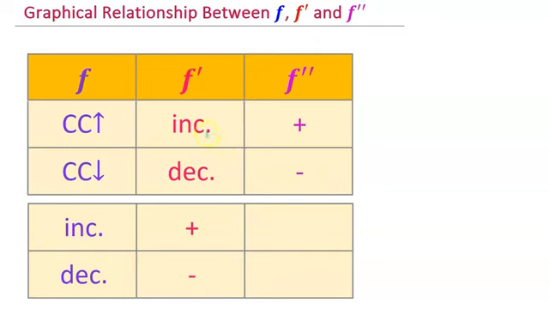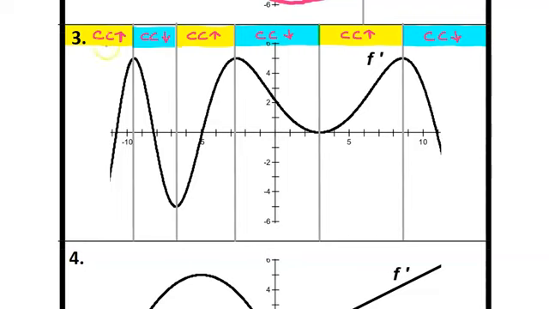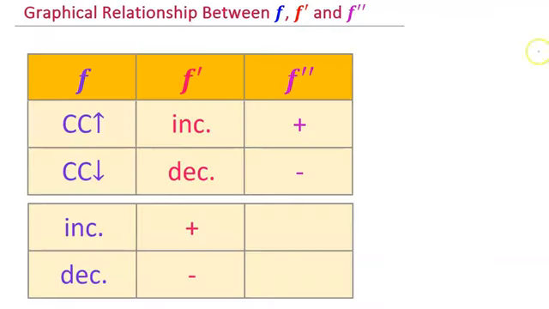Remember that wherever f prime is increasing, f will be concave up. If f prime is decreasing, f will be concave down. So function f will be concave up in the yellow intervals and concave down in the blue intervals. So now we will divide f prime into intervals where it is positive and intervals where it is negative.